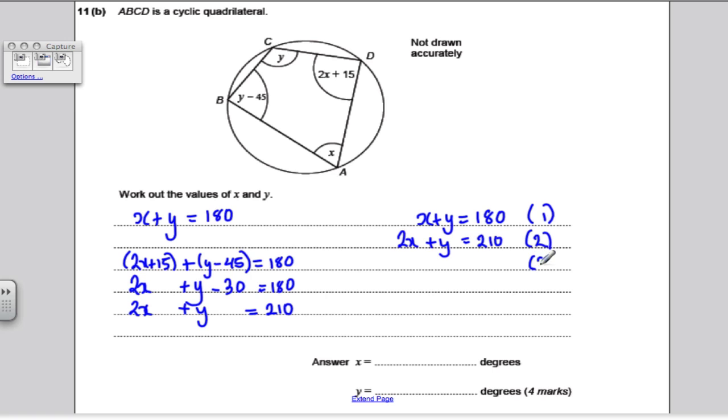So I can straight away take equation 2 and subtract equation 1. 2x take away x is 1x, y take away y is 0, 210 take away 180 is 30. And substituting 30 back into equation 1, I get y must be 150. So our answers are 30 and 150.